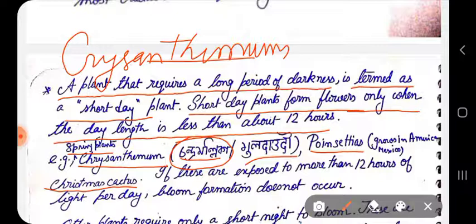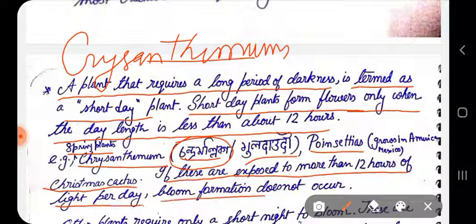If these plants are exposed to more than 12 hours of light per day, then flower formation or blooming will not occur. So they require more darkness to bloom, right? Called short day plants.